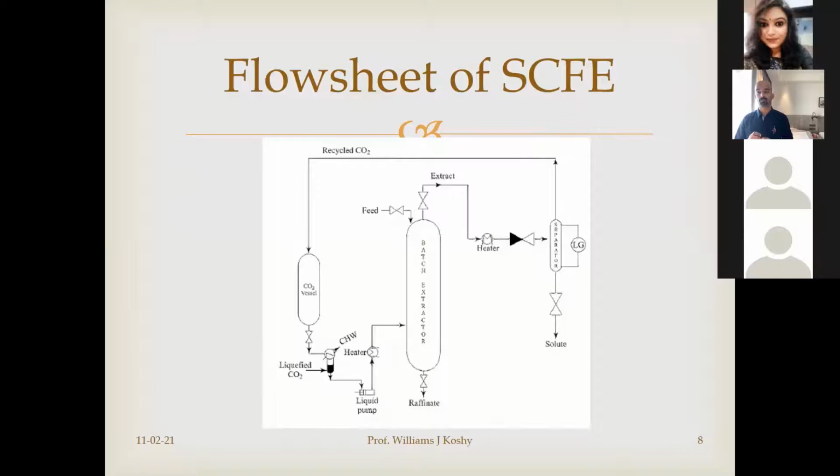Slight reduction in temperature will lead to the separation of components. My supercritical solvent and my solute, both of them will separate and then I will pass it through a pressure reducing device.